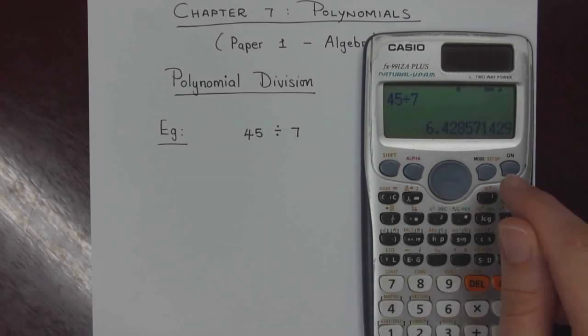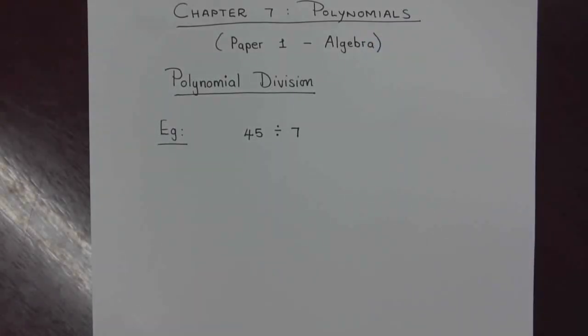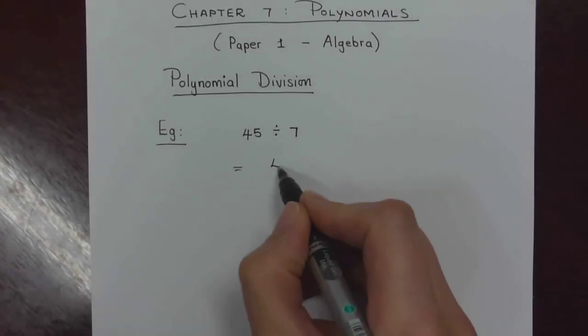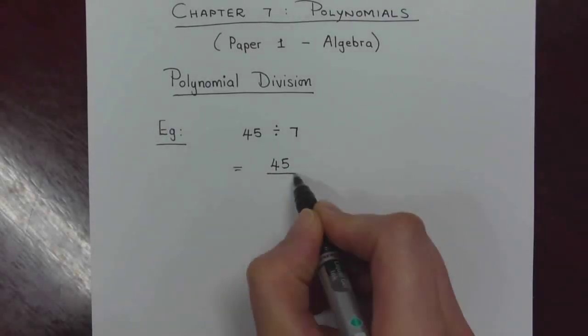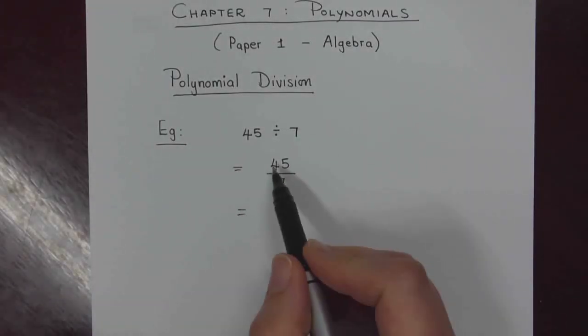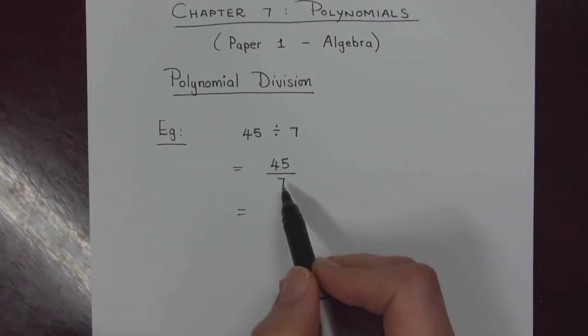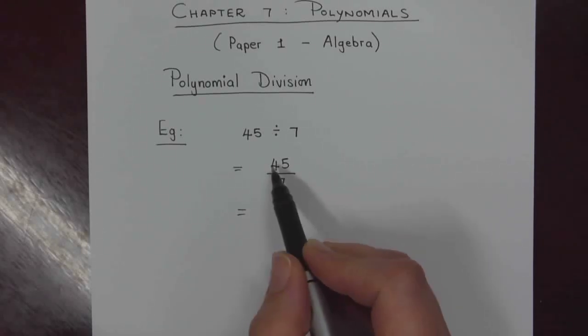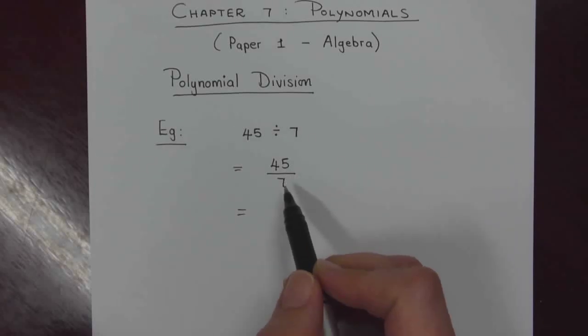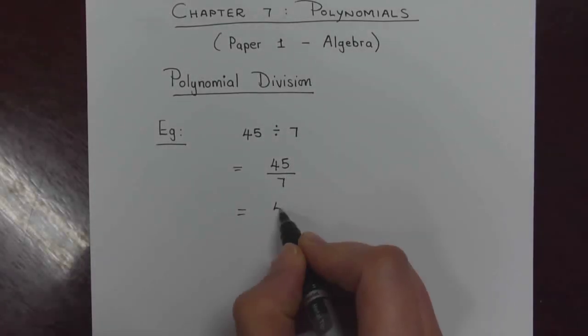Now, before you did this, back when you were in primary school, you would say, okay, I could take 45, and I can divide that by 7. Then I can split this up and say, but what's the closest multiple of 7 to 45? The closest multiple of 7 to 45 is 42.